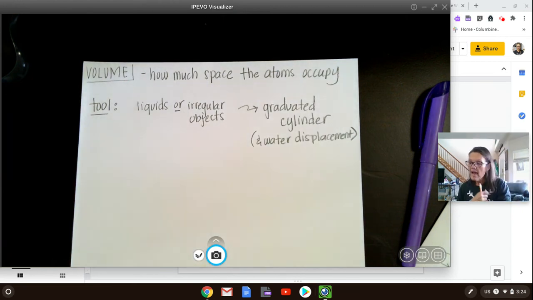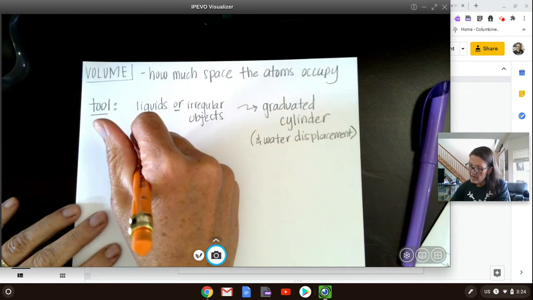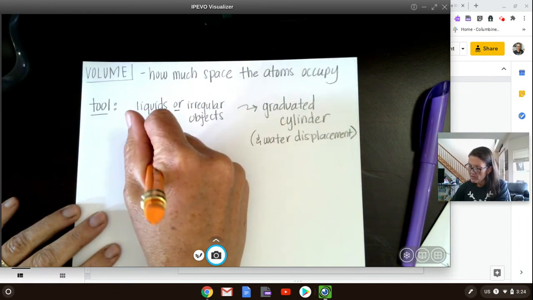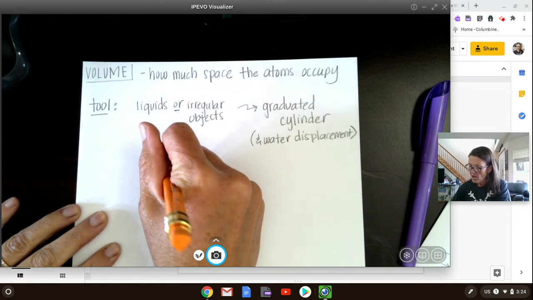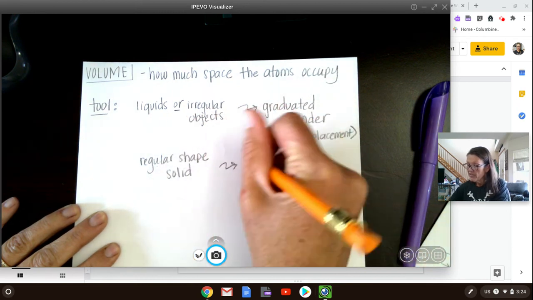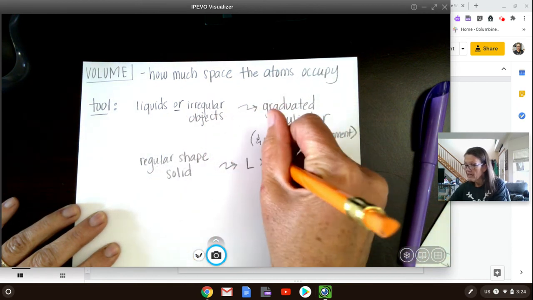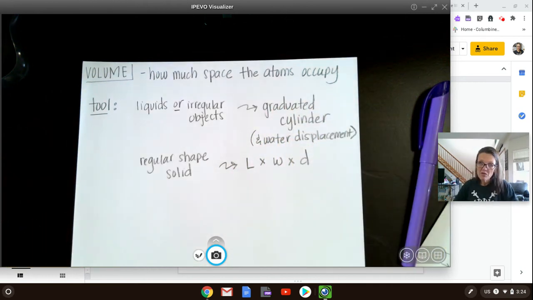Okay. Now, if we're talking about a regularly shaped solid, so like a square or a rectangle, right? Then you can simply take length times width times your depth, and that will give you your volume. You guys have all heard of that before, okay?